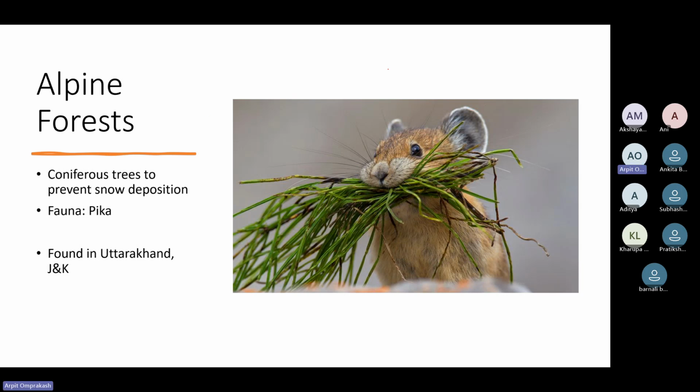If you have a tree with a very big canopy cover, during snowfall a lot of snow will get deposited on the trees, and eventually it will lead to breaking of branches, basically destruction. So the trees present in this area have a conical structure.